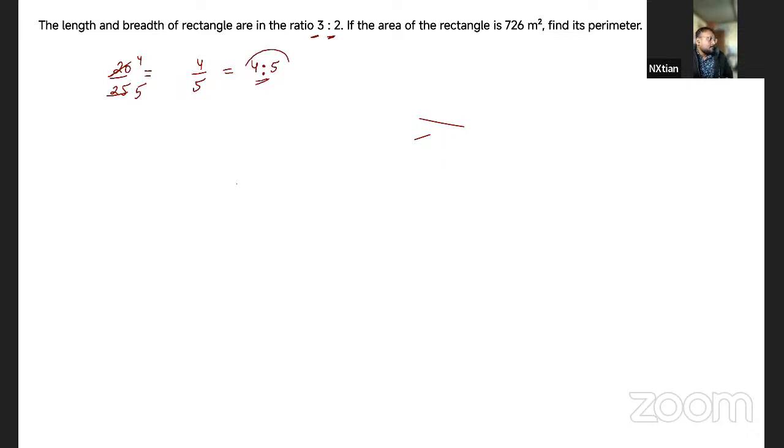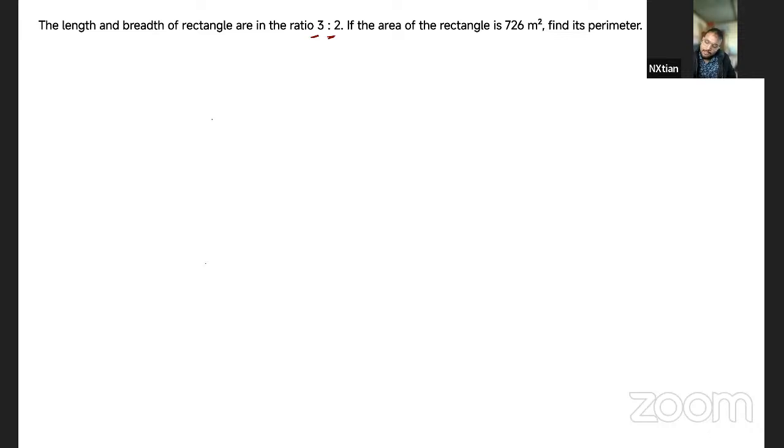Basically, the simplest form of the number is called the ratio. Understood? So it means that the real value is not known, it's a simplest form. I don't know the real value, so I want to find the real value.